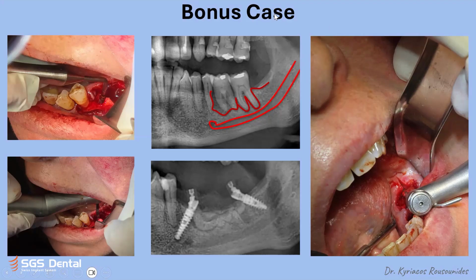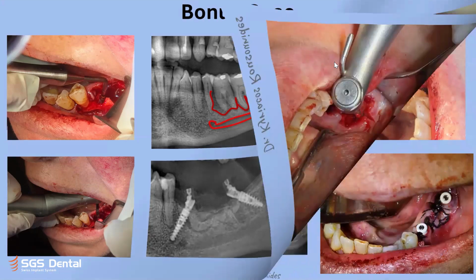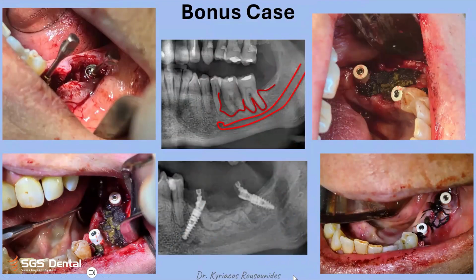I'll be glad to send you some pictures some months later, when we see the final results of this. Stay in the group and you'll see how this surgery went. Here you see the augmentation that we did with the sponges above. We didn't use any membrane.